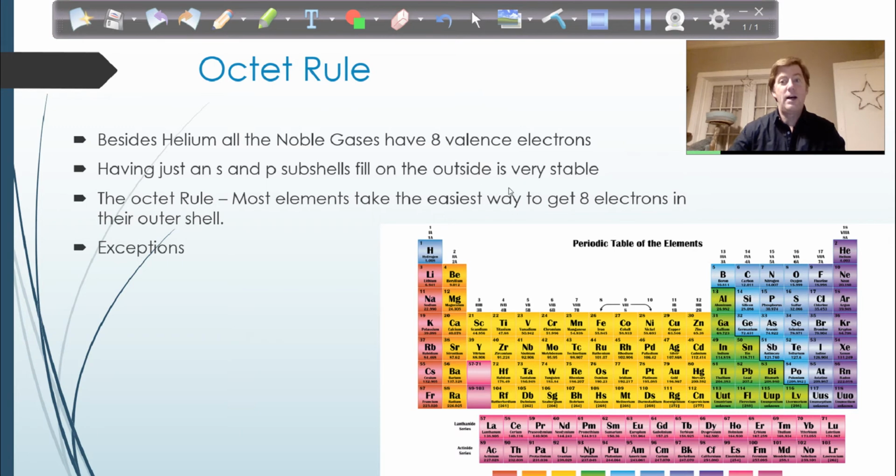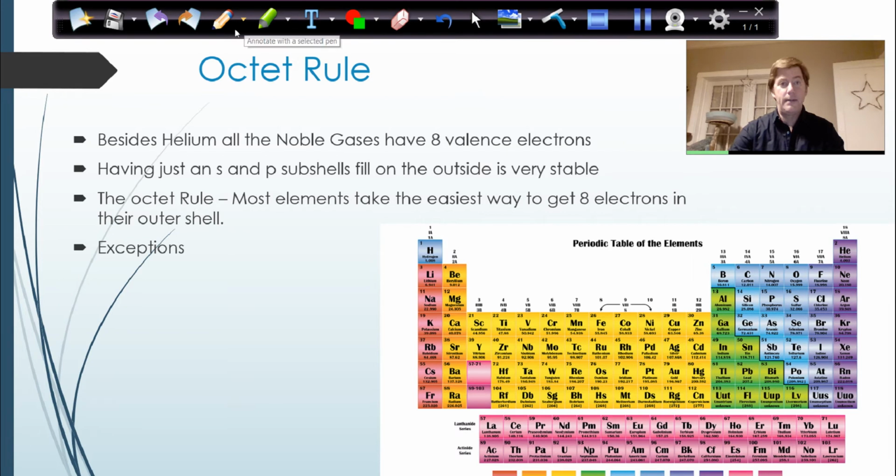Well, think of the other side of helium. If we talk about lithium, lithium here has 2 in the first and 1 in the second. And the easiest way for it to be like a noble gas would be to lose that 1. So by losing this 1, it then has a configuration like helium.